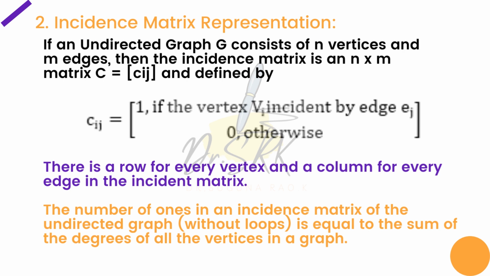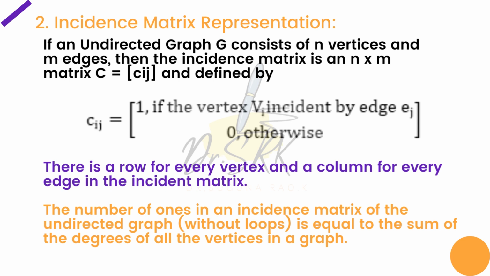Suppose the matrix is taken as C equals Cij, and is defined as Cij equals 1 if the vertex Vi is incident on the edge Ej, and 0 otherwise.